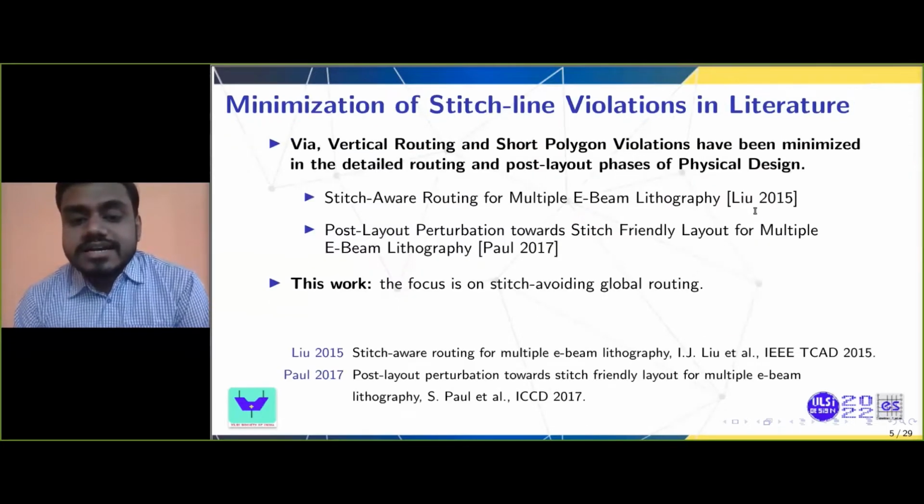In literature, several methods have been proposed to minimize these violations. However, these methods minimize the violations in the detail routing phase or in the post-routing phase. As we know, the result of detail routing heavily depends on the result of global routing. So in this work, we focus on minimizing the stitch line violation in the global routing phase.